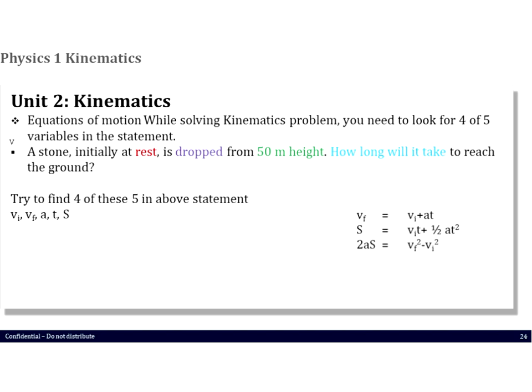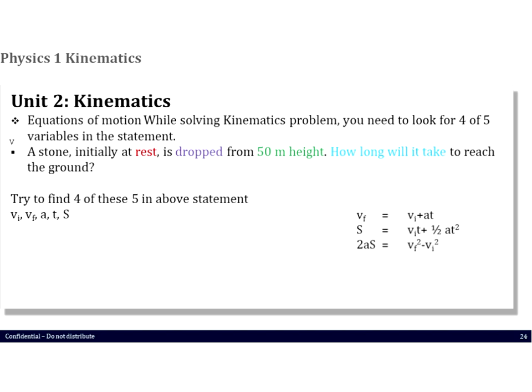And g is gravitational acceleration, and that is the acceleration involved in all the falling bodies for Earth. For other planets, for other objects in the solar system and outside, the value of g may be different.